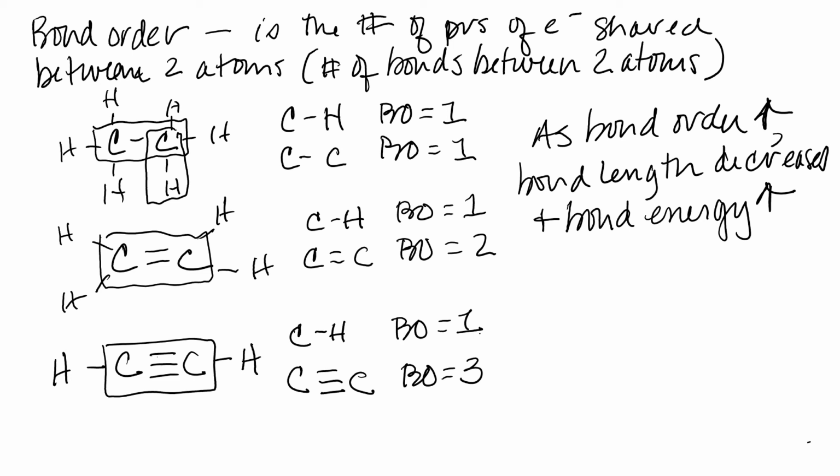Remember earlier in the introduction, we saw that as far as bond strength goes, a single bond is weaker than a double bond, which is weaker than a triple bond.